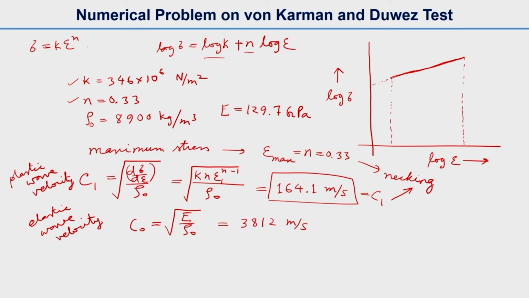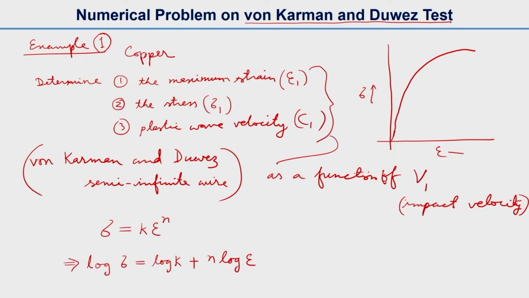So now our first part is the maximum strain. We need to find the maximum strain, and then sigma 1 and then C1, all as functions of V1, which is the impact velocity.